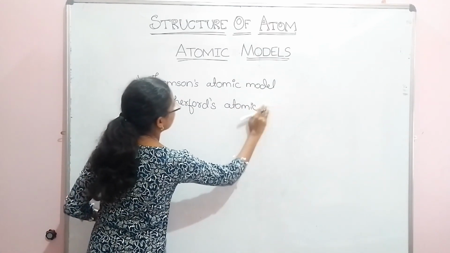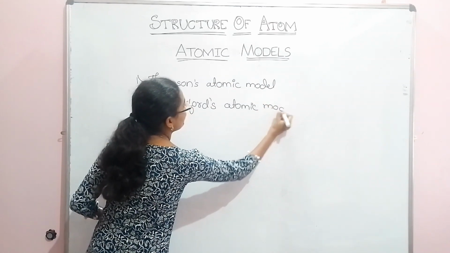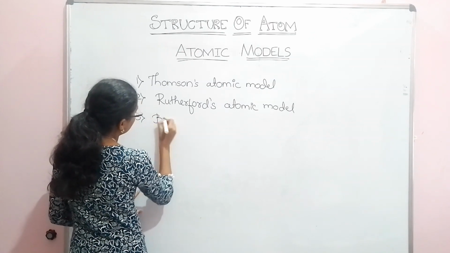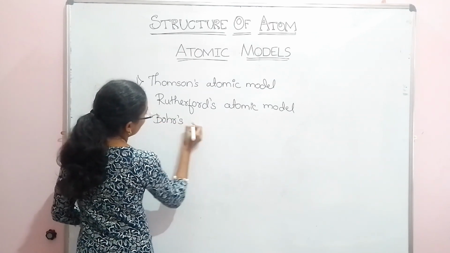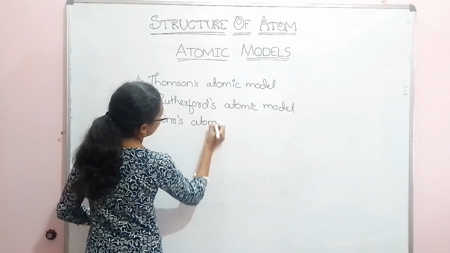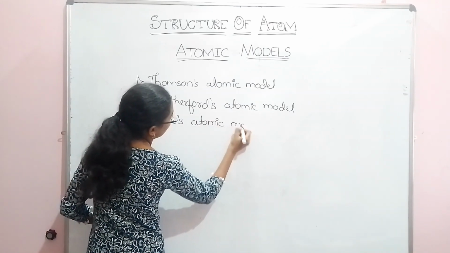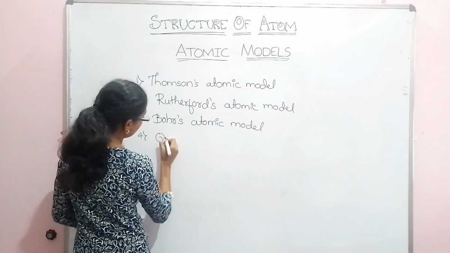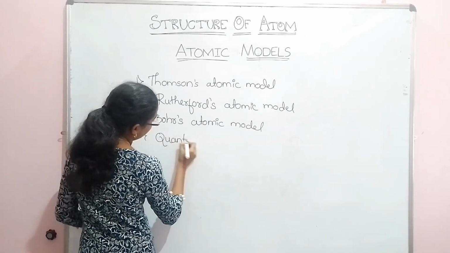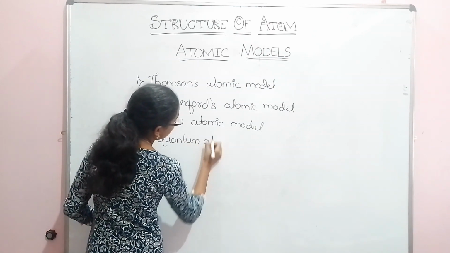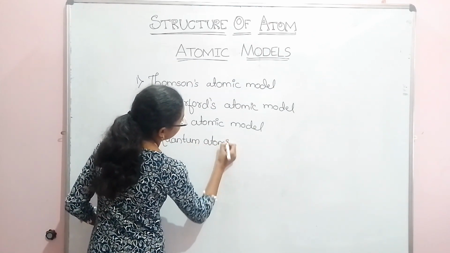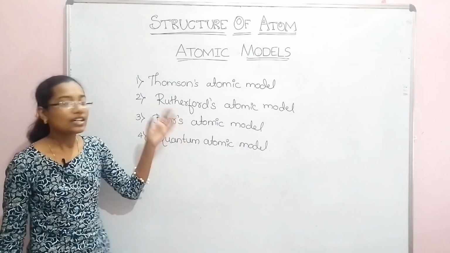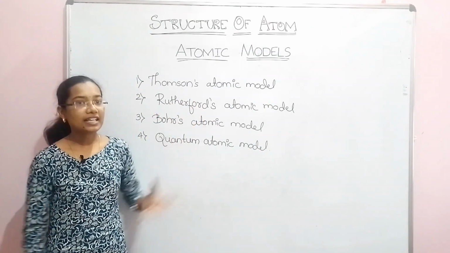The third one is Bohr's atomic model. And the last one is the quantum atomic model. These are the 4 atomic models we study in this chapter.